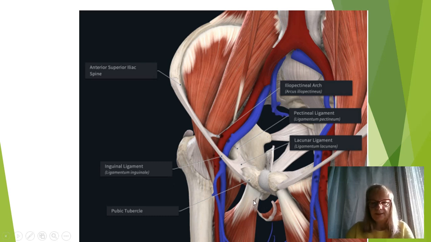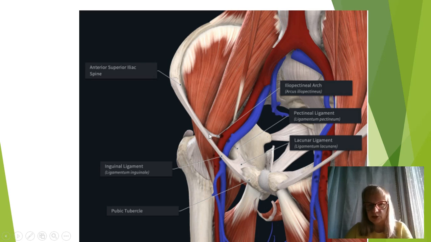So next, topographical structures. But we continue. From the inguinal ligament, again, I show you the location from here to there. Spine, tubercle. From the ligament, some fibers split and form a structure which attaches on the hip bone, to the iliopubic eminence.